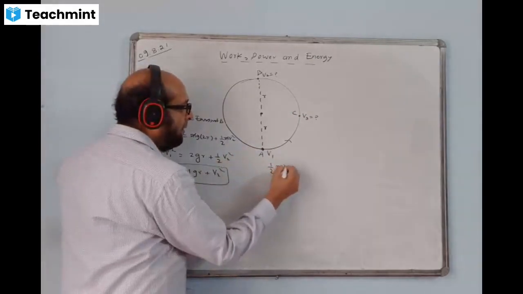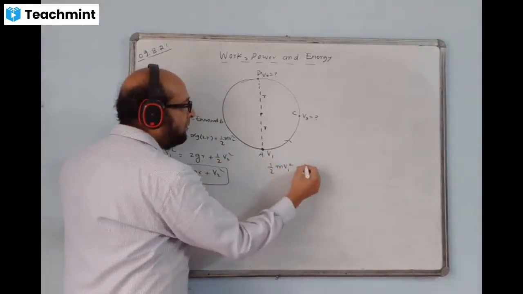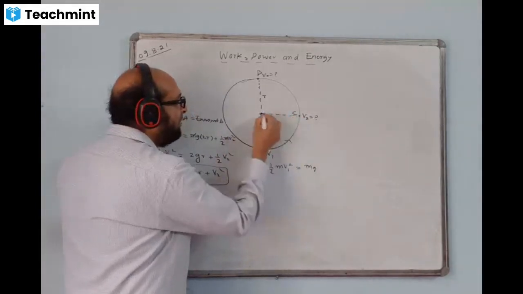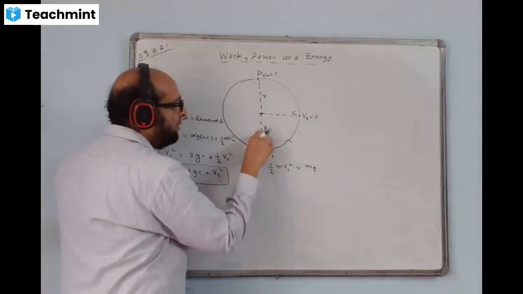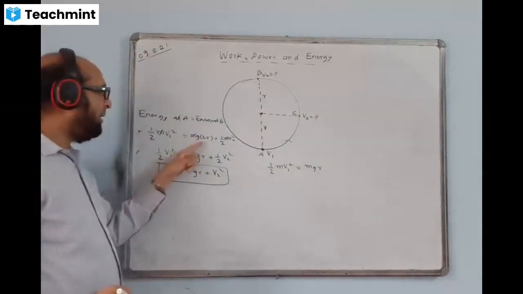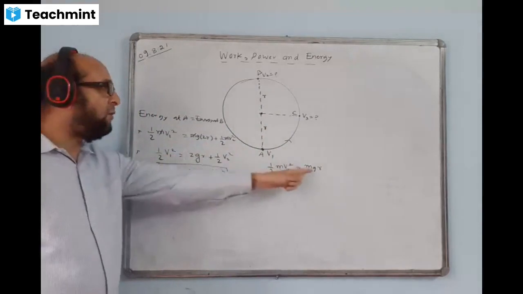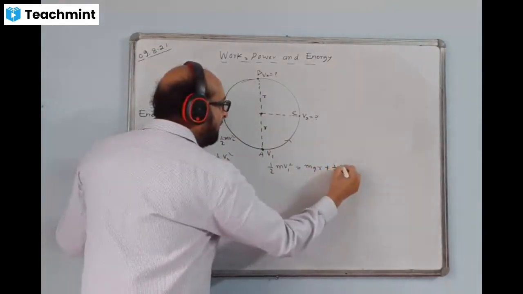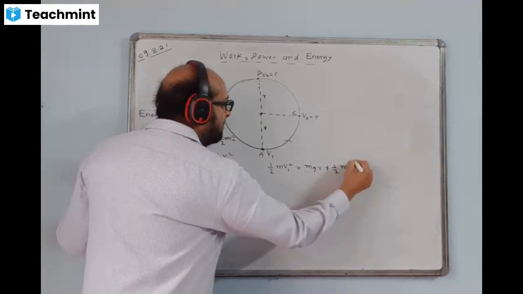Half m v1 square is equal to mg into height. This point is situated at some height, and the height value is equal to the radius. Here I wrote 2r, but here I will write only r, plus half m v3 square. Now the m cancels and we get the answer: v1 square equals 2gr plus v3 square.